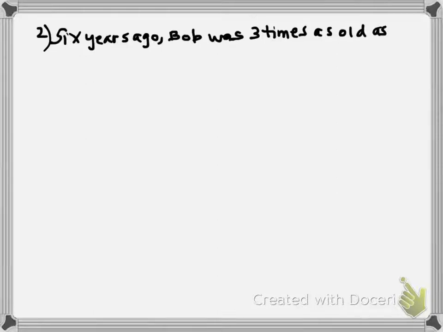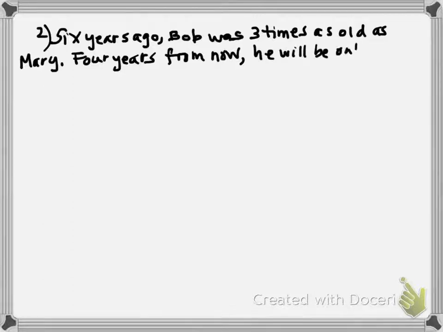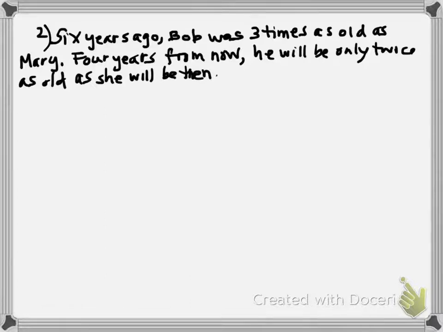So 6 years ago, Bob was 3 times as old as Mary. 4 years from now, he will be only twice as old as she will be then. Find their present ages.